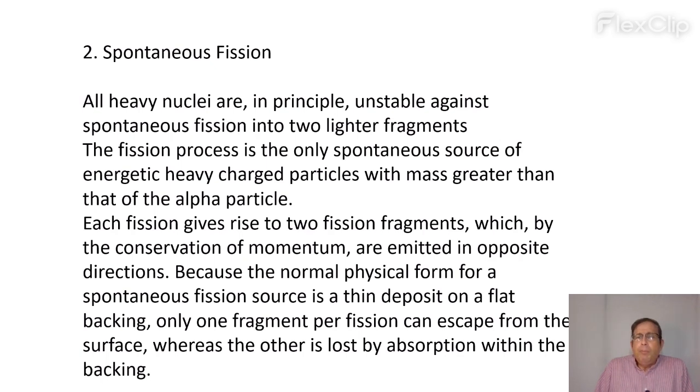Now, if the source or the parent nucleus is deposited on a thin film, one side of it would be absorbed by the film itself. So only one side comes out. One of the fragments comes out, and the other fragment, which is moving in the opposite direction, is absorbed by the film on which the source is deposited.